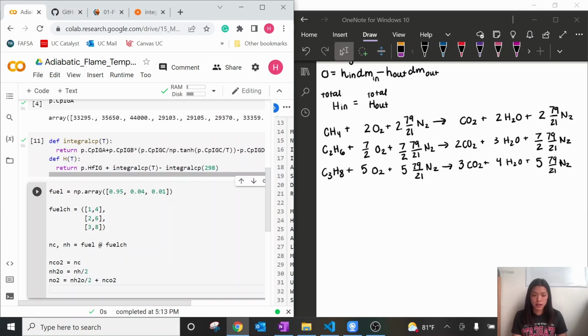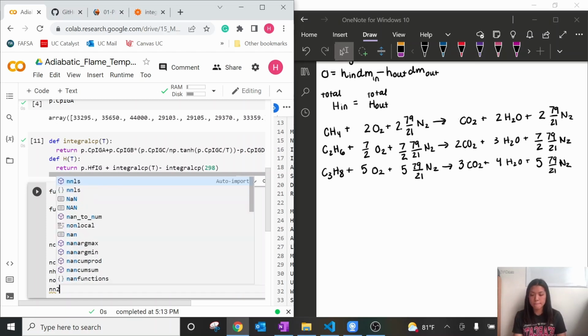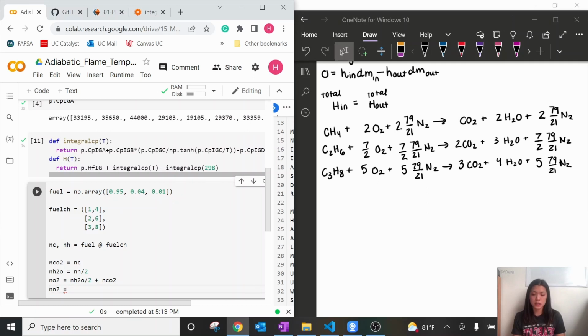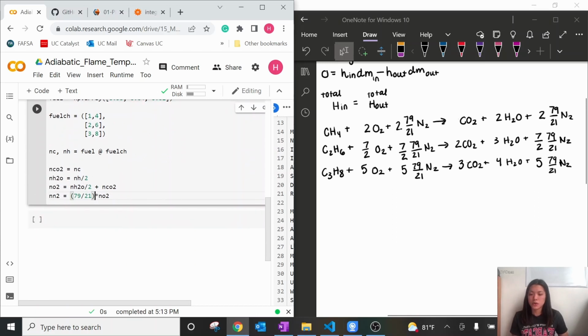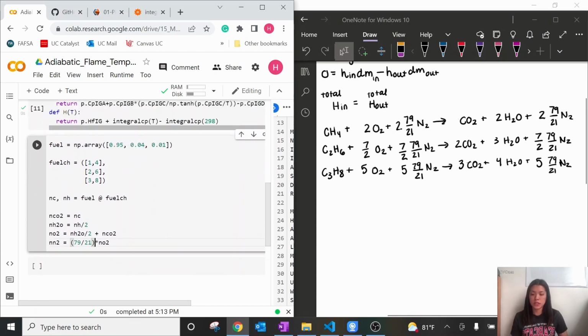And if we take a look at the nitrogen molecules, it is the moles of oxygen multiplied by 79/21. And so those are the number of moles for each.